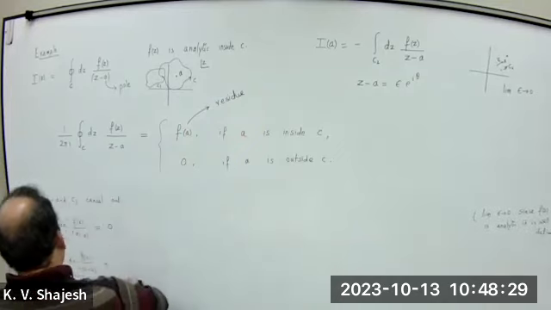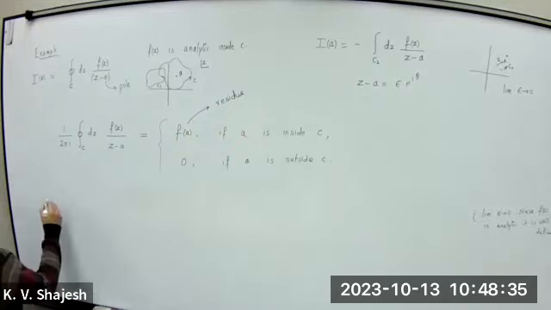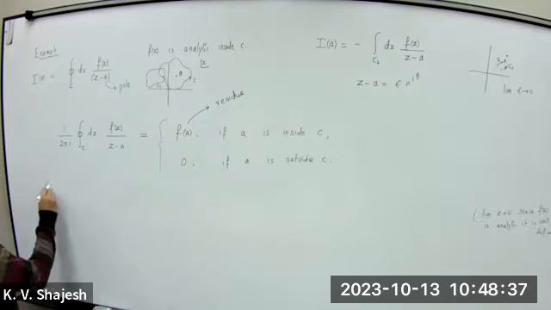In fact, this is such a powerful thing that if I were to now ask you to do an integral, let's say an example again, for the last 2 minutes.